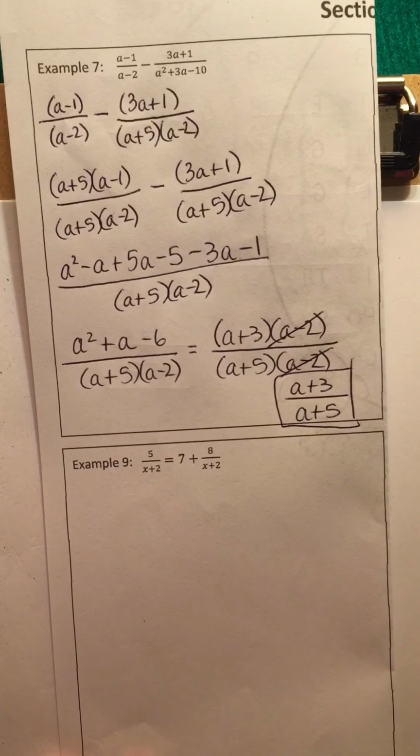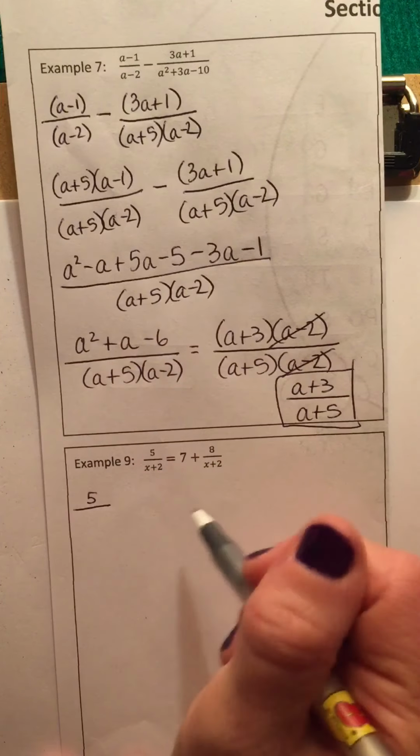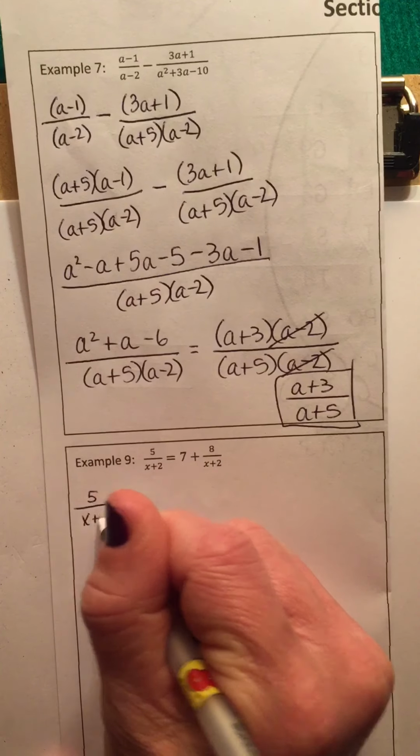Example 9 is an equation. It has an equal sign, so we need to find out what x equals. I am not going to deal with getting a common denominator, so we are going to multiply each term by that denominator, x plus 2.